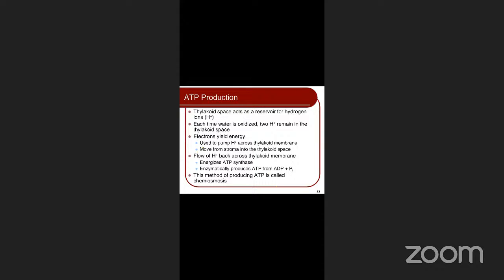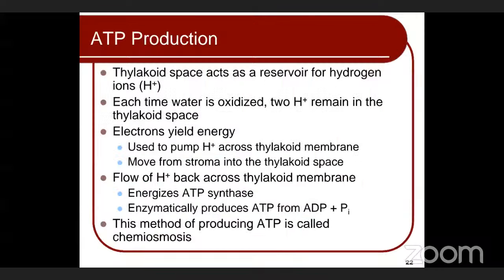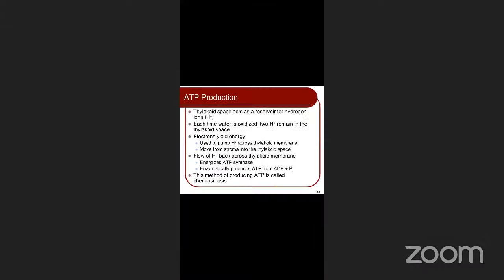So 8 protons are required to oxidize two water molecules. Eight protons are continuously supplied from the water and withdrawn by NADPH. This formation of ATP in the non-cyclic electron transport is known as non-cyclic photophosphorylation.